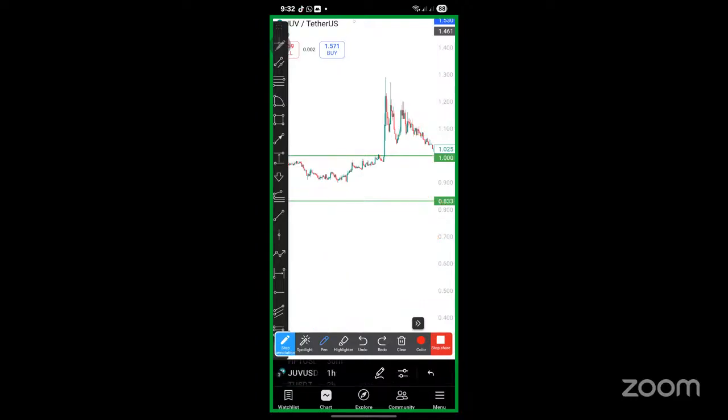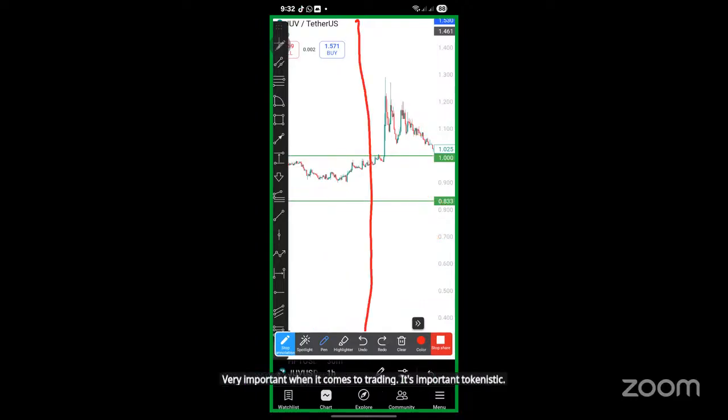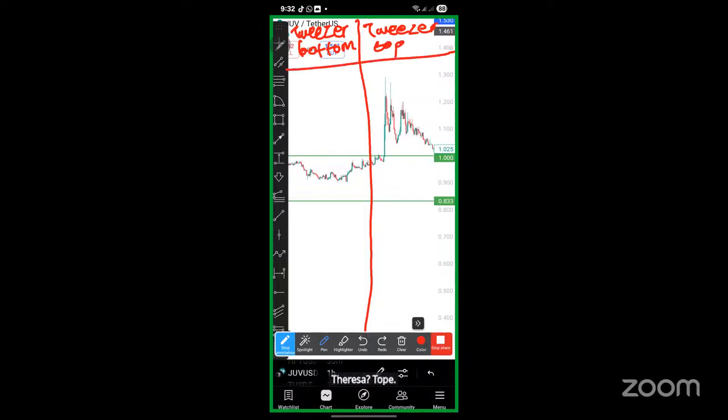Very important candlestick. Still, we continue with our table, and here you write a tweezer bottom. Then you come here, write tweezer top. Remember, one side is bullish and another one is bearish.